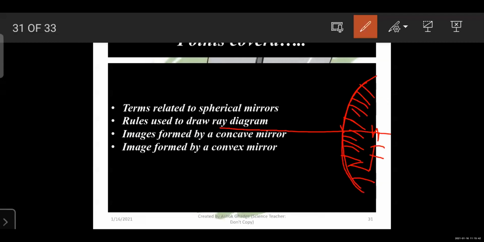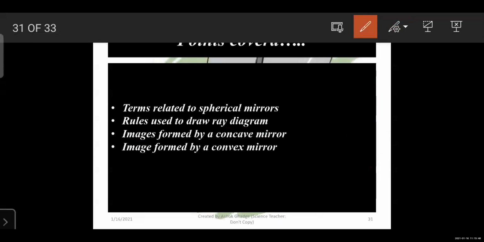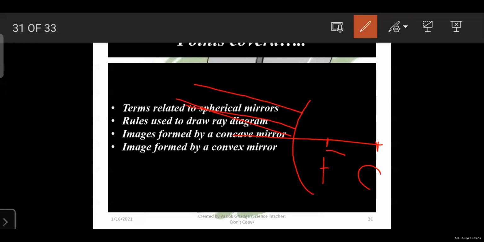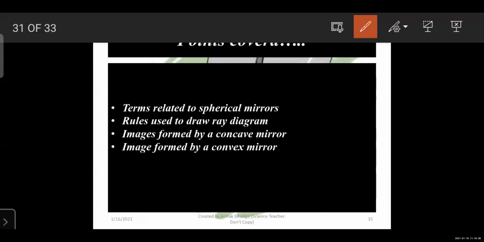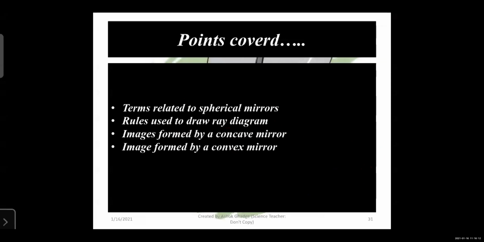We got the center of curvature also at the back. So if incident rays fall on this mirror, we get the image behind the mirror. Every image is behind the mirror, and that image is called a virtual image. It is always smaller than the object.